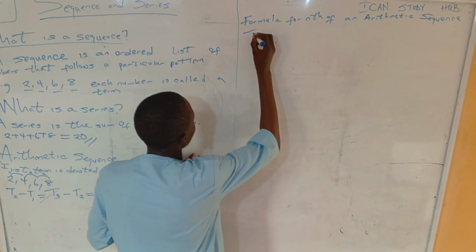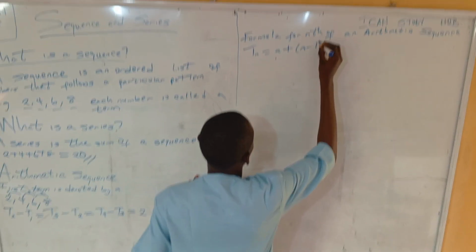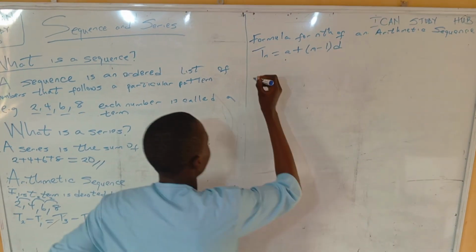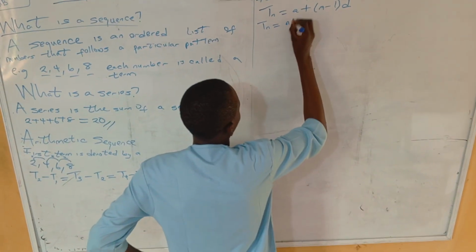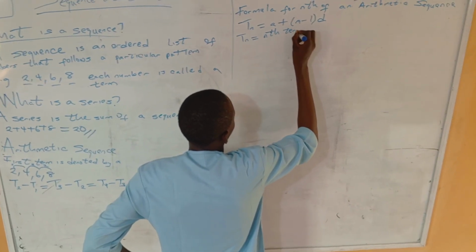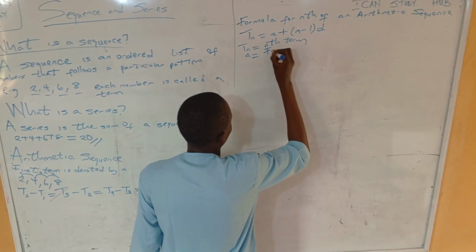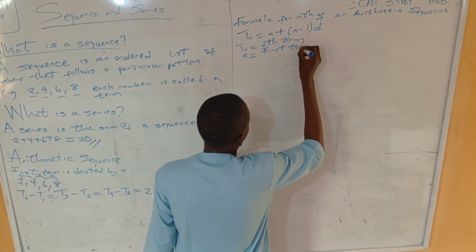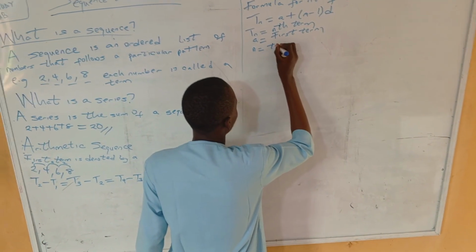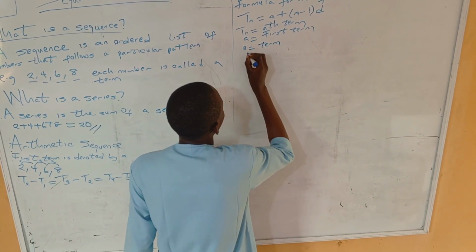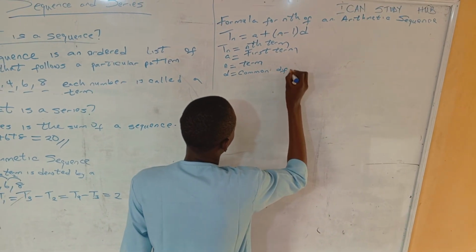It's just Tn is equal to a plus open bracket n minus 1 close bracket d. Here, Tn is the value of the nth term, a is our first term, n is the term we are looking for, and d is the common difference.